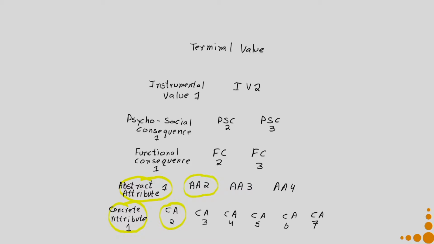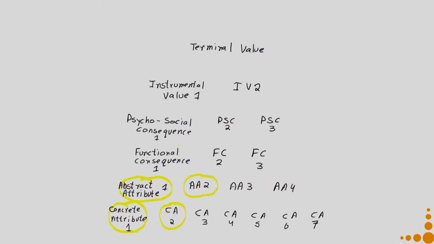So you get a longer lasting product because of the concrete attribute of using stainless steel fasteners. But my abstract attribute there was a reliable product. My abstract attribute can also be a beautiful product. Whenever you cannot be specific about the attribute, but it is more abstract, that's my second level. Then comes my third level, which is functional consequences. Because of the attributes that I built into it, I will have certain functional consequences.